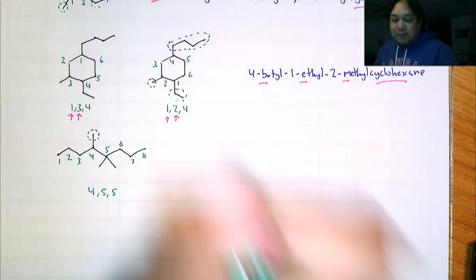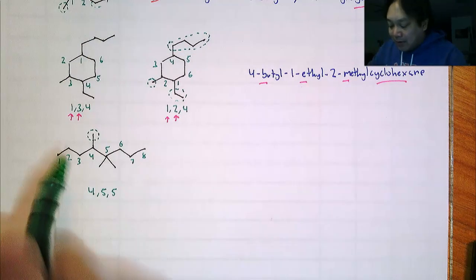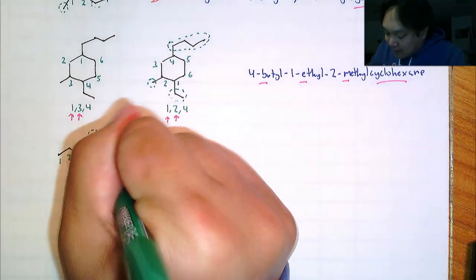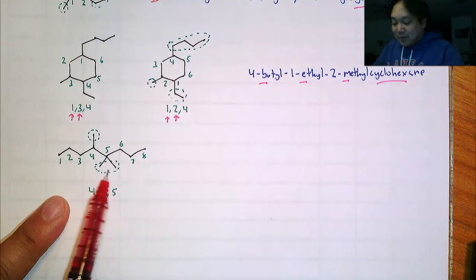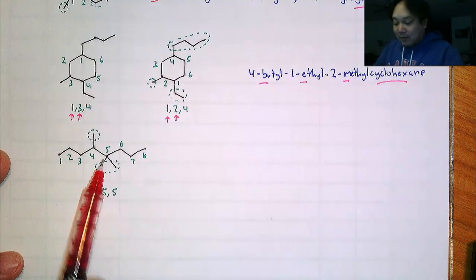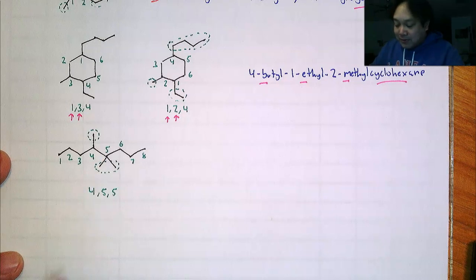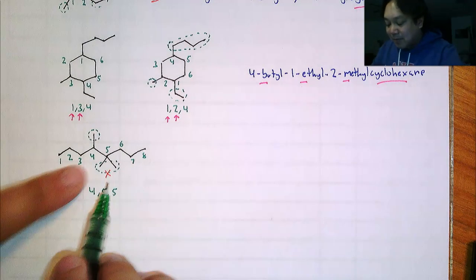I'm not sure why this is a common error, but doing this, that's not a substituent, because they're not even connected to each other. They are coming from the same carbon, but these are 2 separate substituents. So I made that mistake on purpose. Don't make that mistake.